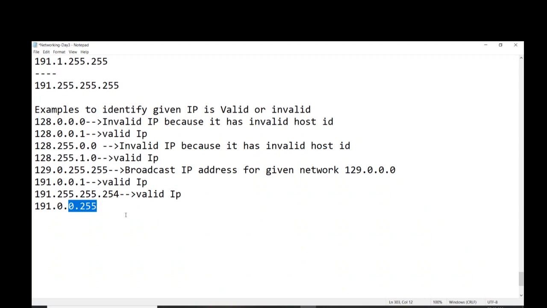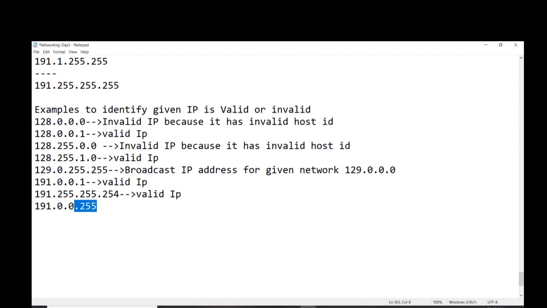Valid, sorry. So what is the host ID? 2 octets. If all the bits in the host ID are equal to 0, invalid. If all the host bits in the host ID are equal to 1, that is a broadcast IP. Except these two conditions, all are valid.